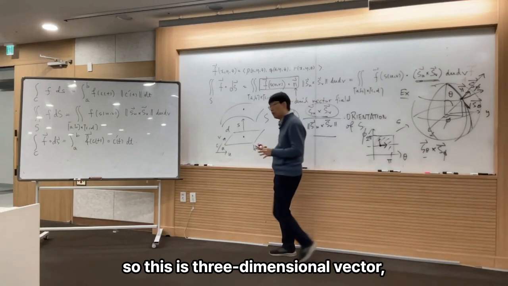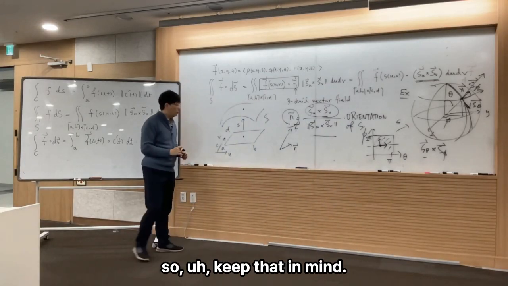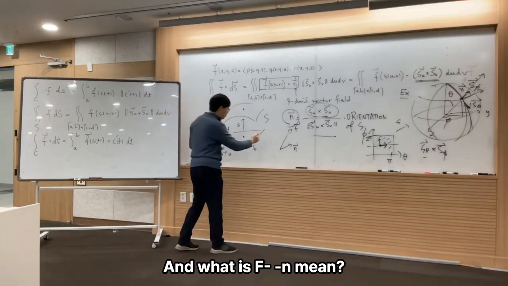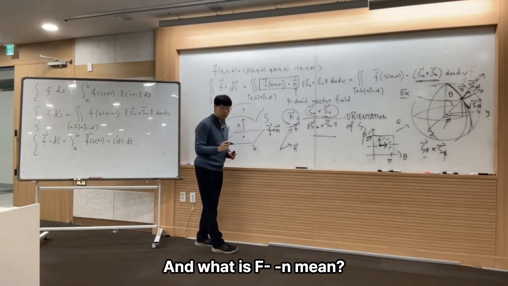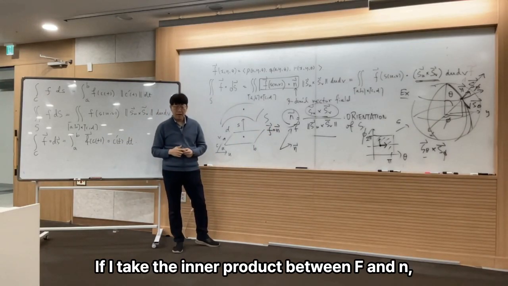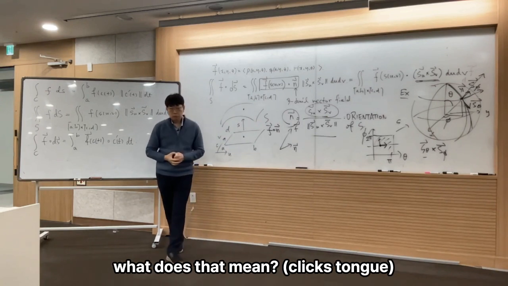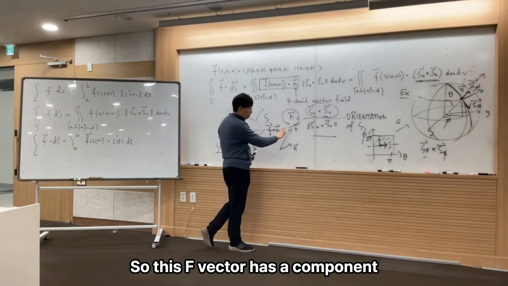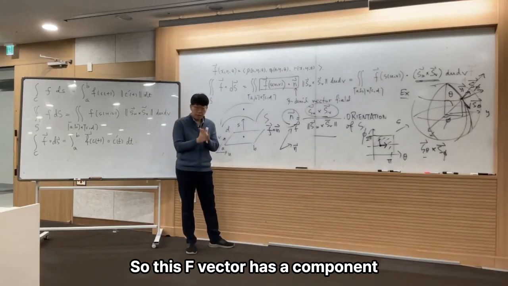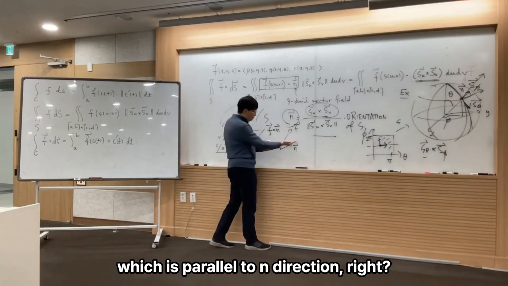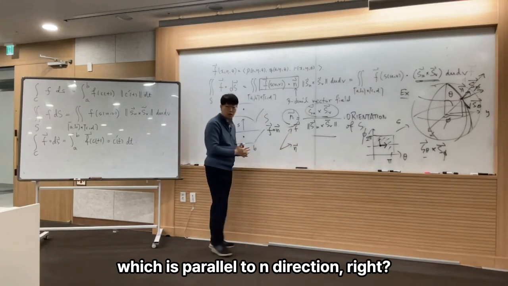This is a three-dimensional vector, so keep that in mind. And what does f·n mean? If I take the inner product between f and n, what does that mean? So this f vector has a component which is parallel to the n direction, right?